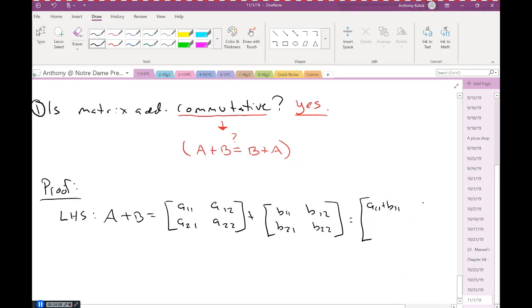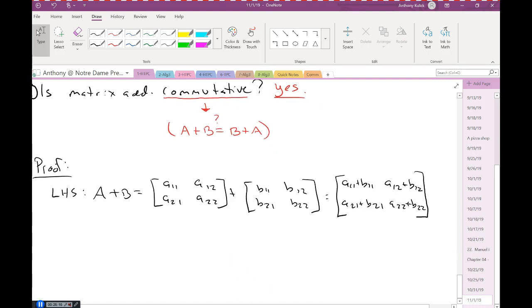I just want you to see what it would look like and how this differs from a geometry kind of proof, because they are fundamentally different in what we're doing. So I can write A plus B as this matrix here on the right. Everybody's okay with that? Basically, we just applied the definition of matrix addition.